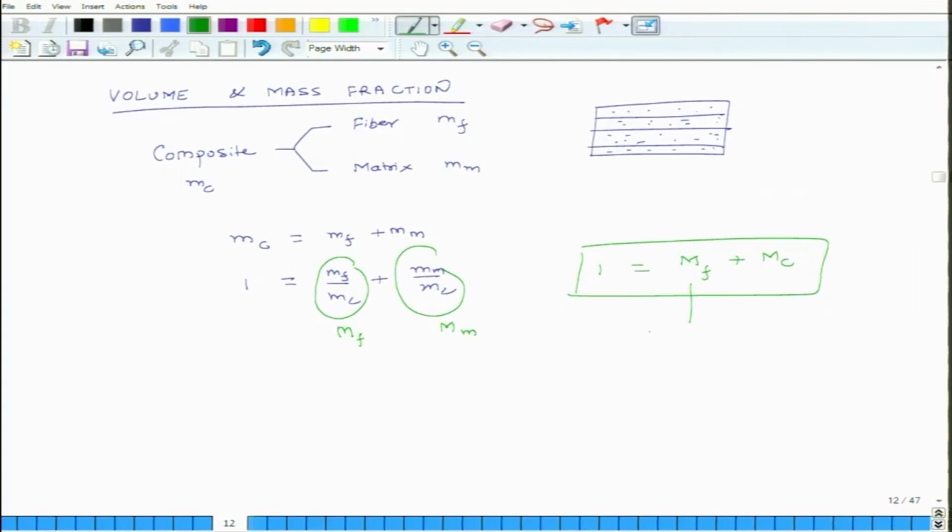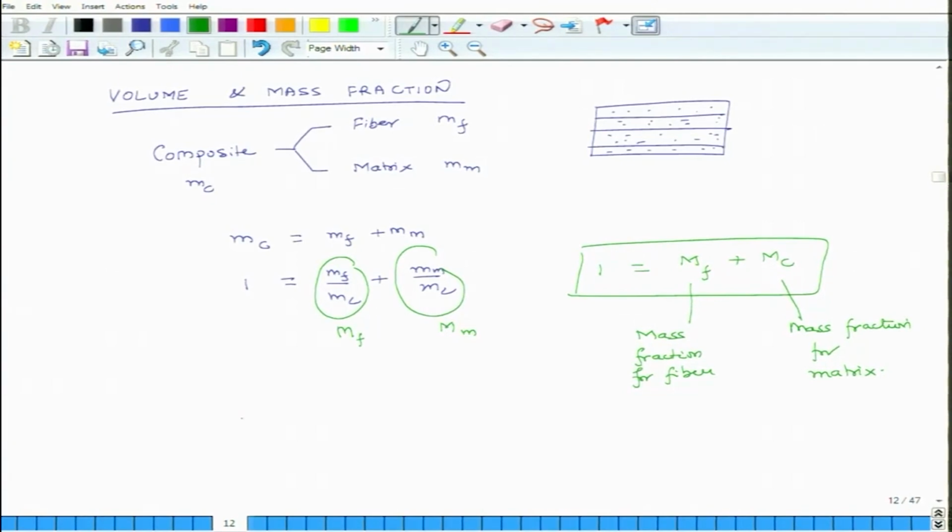This is mass fraction for fiber, and this is mass fraction for matrix. So, that is our definition for mass fraction.